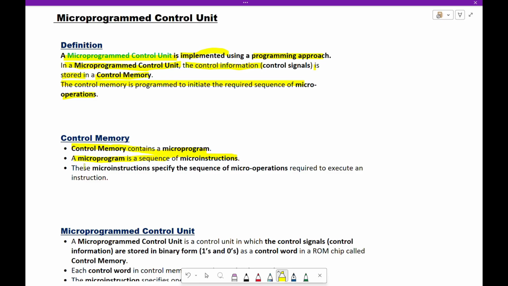A microprogram is a sequence of microinstructions which is held to generate control information. A microinstruction is basically the sequence of micro-operations required to execute an instruction.